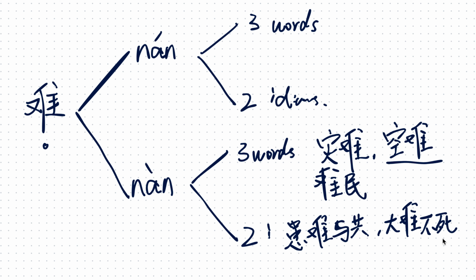We call this 大难不死. Finally, 多灾多难 is an expansion of 灾难. It means there's lots of hazards, lots of incidents. So I gave you 3. You can find 2 or 3 or as many as you like.